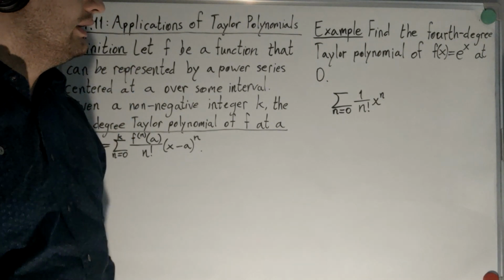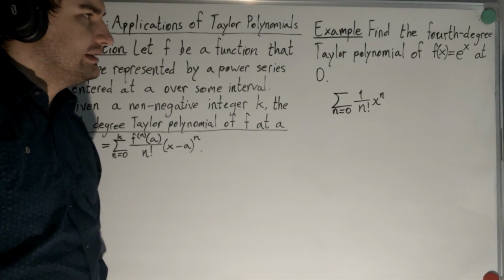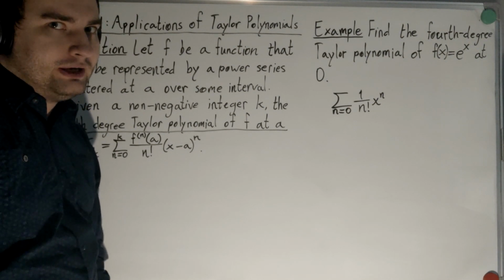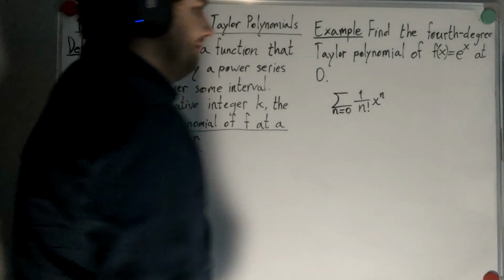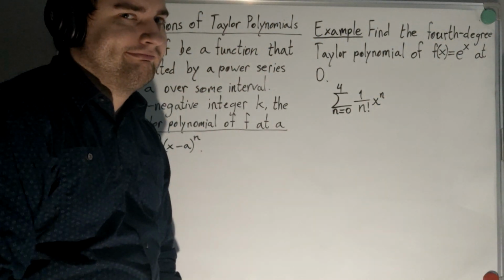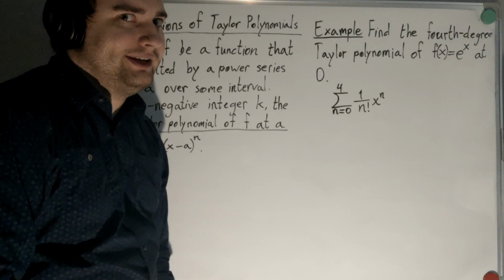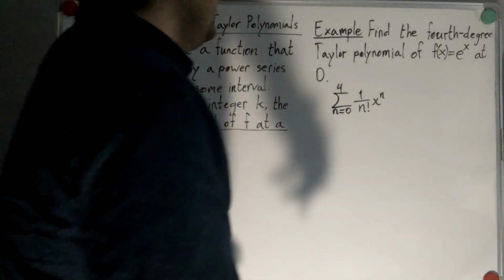Okay? So the fourth degree Taylor polynomial is, instead of taking the sum from n equals 0 to infinity, you just take the sum from n equals 0 to 4. That's it. And you can write this out.